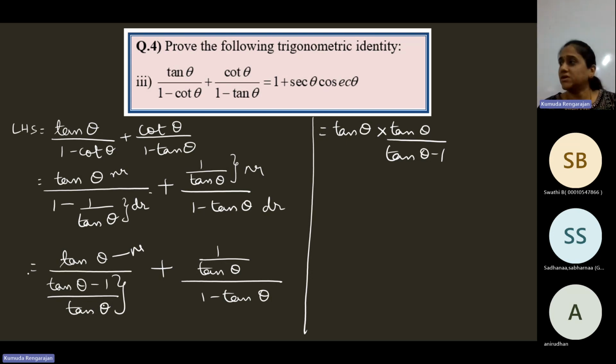So it will become the reciprocal, tan theta by tan theta minus 1, plus here, this one is the numerator, 1 by tan theta, divided by 1 minus tan theta. So it will become 1 by 1 minus tan theta.